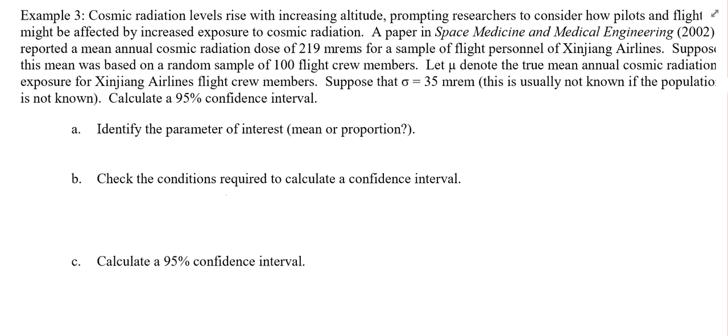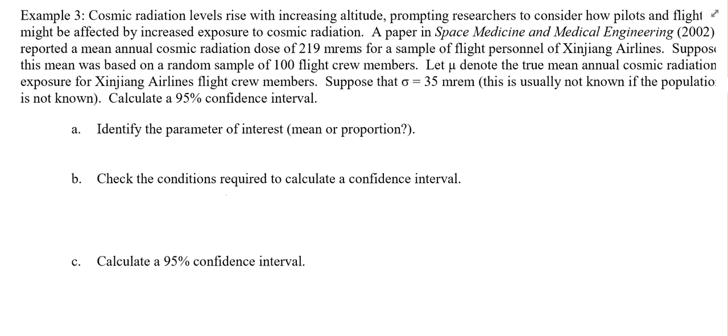Okay, so on to example 3. Cosmic radiation levels rise with increasing altitude, prompting researchers to consider how pilots and flight crew members might be affected by increased exposure to cosmic radiation. A paper in Space Medicine and Medical Engineering in 2002 reported a mean annual cosmic radiation dose of 219, whatever these units are, for a sample of flight personnel on this airline.